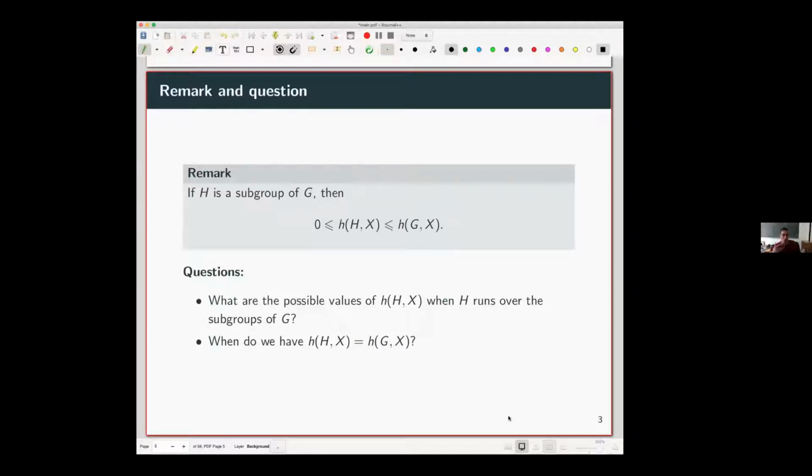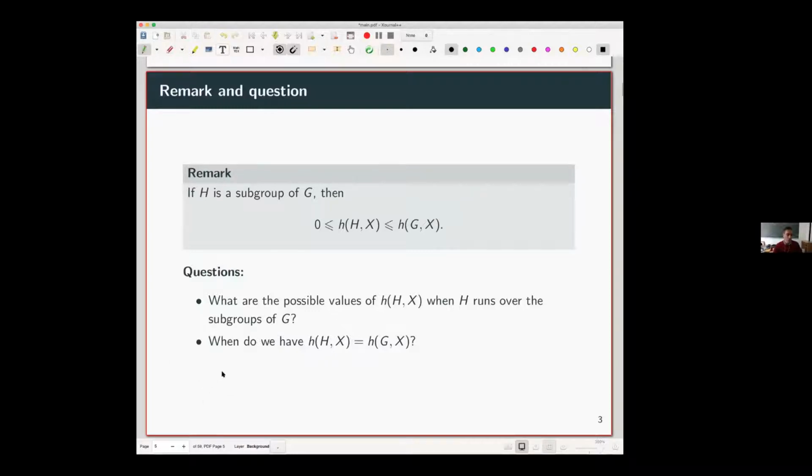The question I would like to ask during these lectures and try to answer is, what are the possible values for the growth rate of H as H runs over all the subgroups of G? More precisely, what are the extremal values of this kind of growth spectrum? Especially, when can we have the growth rate of H equal the growth rate of G?